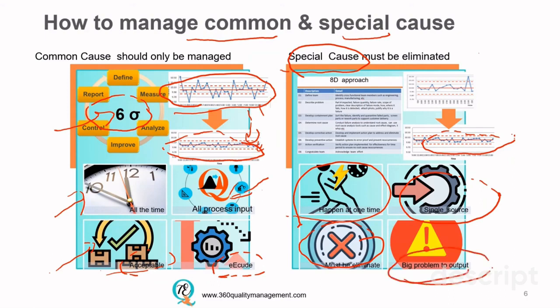So normally we want to eliminate special cause variations, and one of the ways is through corrective action methods such as the 8D approach, which will remove the spikes from the process and it will go back to the common cause type of variations at the process input level.